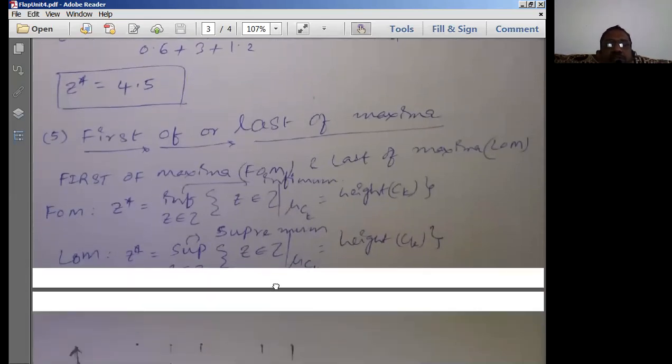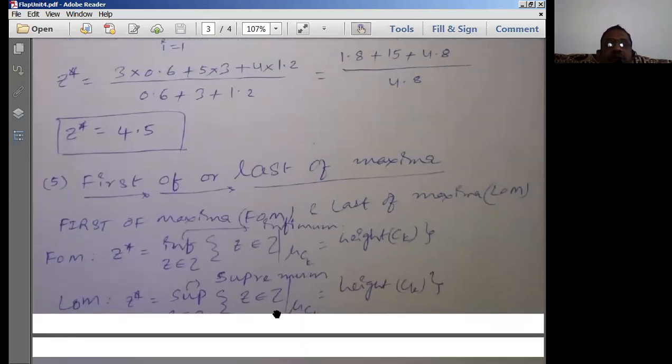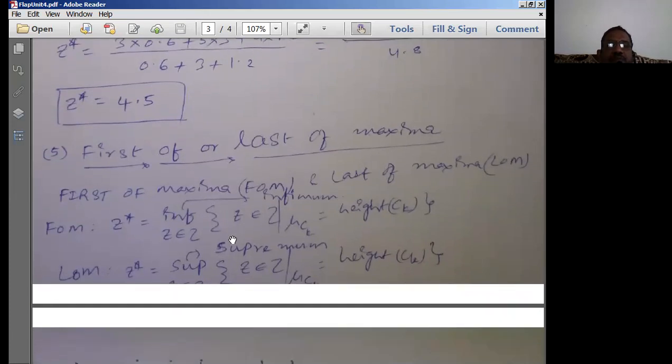And the last method, which is also a very simple method, is known as first of maxima or last of maxima method. First of maxima is FOM, and last of maxima is LOM. So we can write first of maxima as the crisp set equal to the infimum value of Z belonging to Z, which is approximated with respect to the height of the membership function.